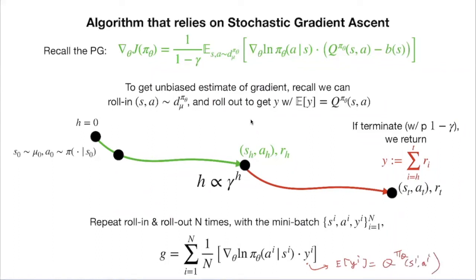I'm just replacing all the possible expectations by empirical samples. I draw n such samples, compute the value for each sample, and take the average, and that should be an unbiased estimate of the policy gradient. In fact, if you set n to be infinite, by the central limit theorem or law of large numbers, this quantity should converge to the true gradient.